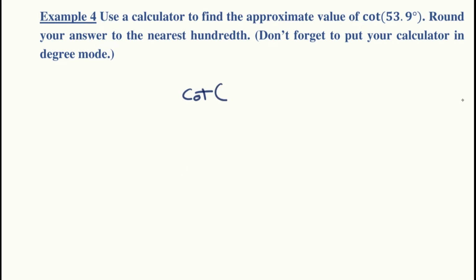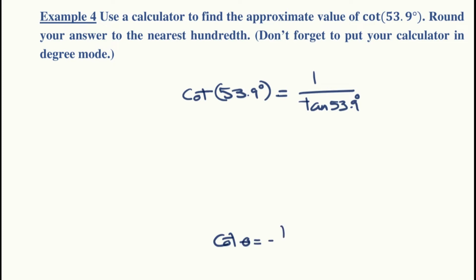We know that cotangent of 53.9 degrees should be the same as the reciprocal of the tangent, so we get 1 over tangent of 53.9 degrees. If you remember, cotangent of theta equals 1 over tangent of theta, and vice versa. Tangent of theta is also 1 over cotangent of theta.